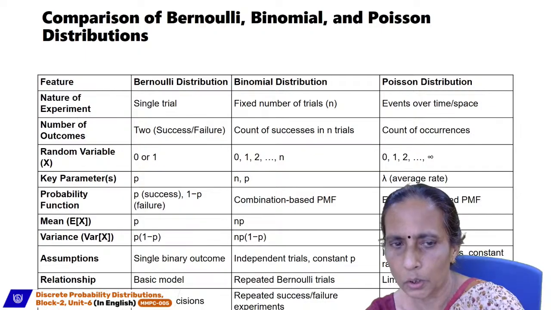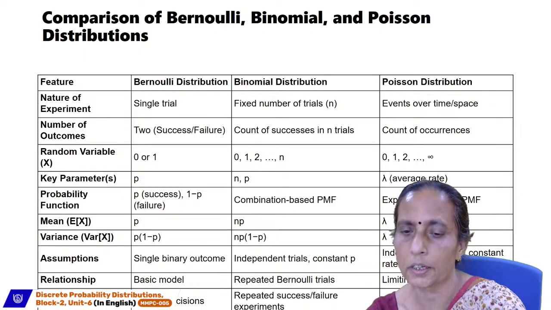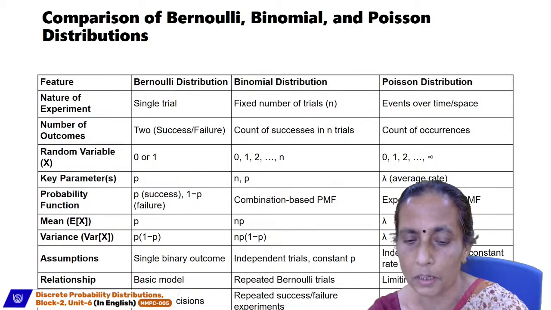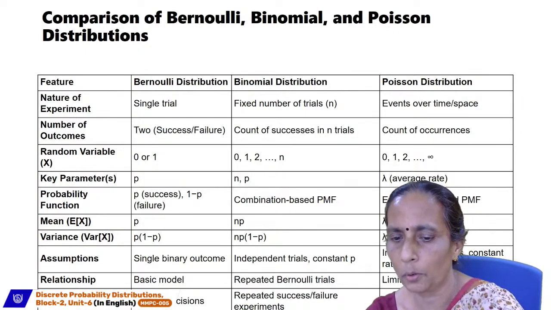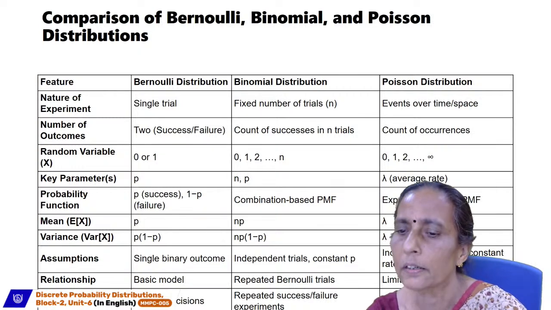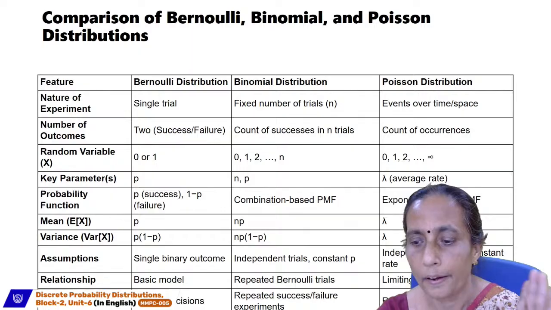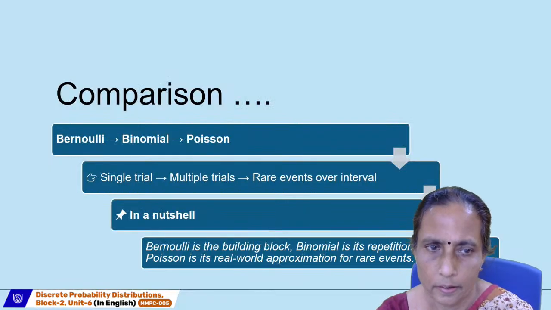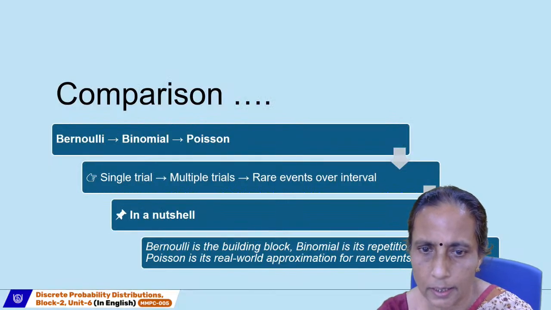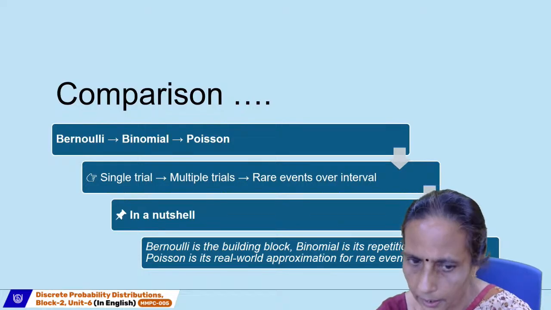And typical use cases: Bernoulli is used in case of decisions where the outcomes are only 2. In case of binomial, the outcomes are 2 but with repeated trials, and in case of Poisson, it is rare events. Comparison, you may say: single trial, multiple trials and rare events.